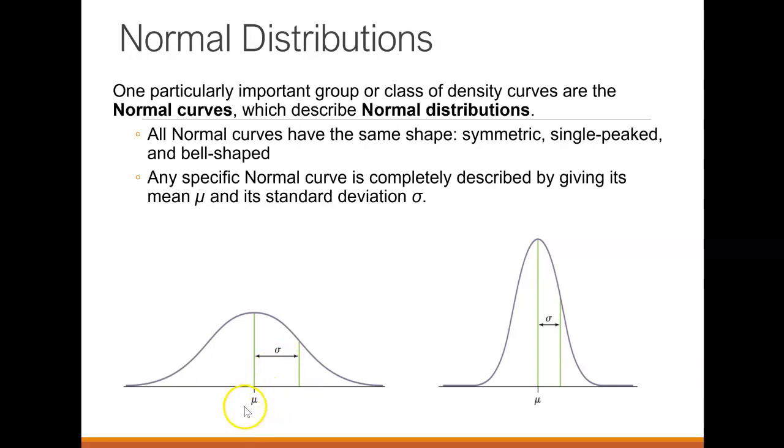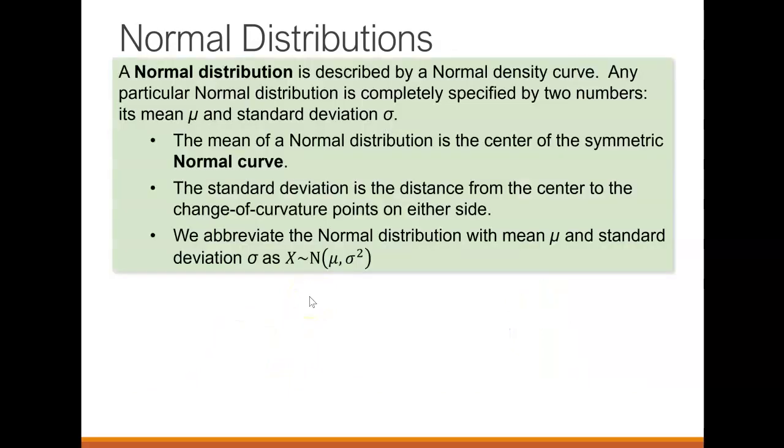Remember that mu symbol is the symbol for mean, and that sigma is the symbol for standard deviation. So when we identify a normal curve, we say x is distributed N for normal, and then we list the mean and the variance, that's the standard deviation squared. So that's kind of our identifiers.